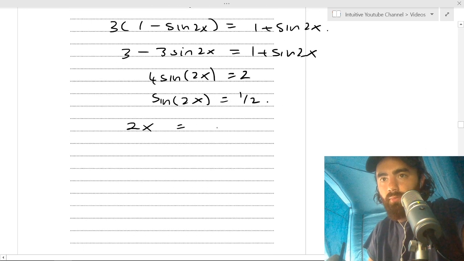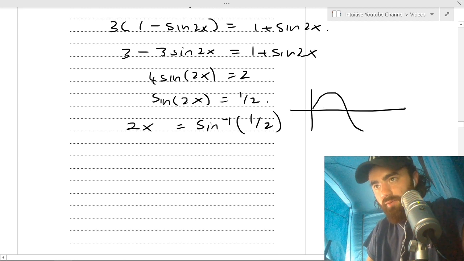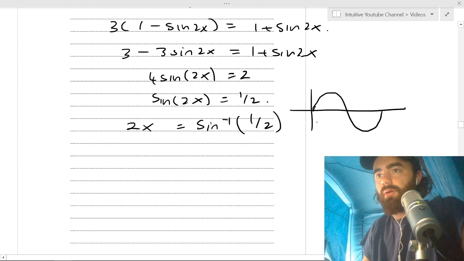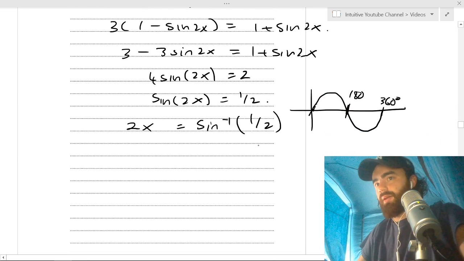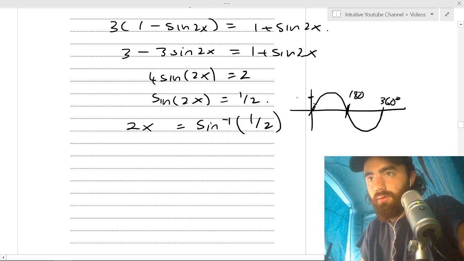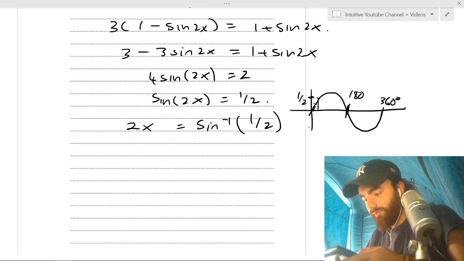So then, if we want to solve for x, we need to know what gives sine of a half. Well, let's look at our sine graph. Sine graph looks like this. This is pi, what we could say was 180, this is 360. It's looking for 0 to pi. So when sine is half, we're going to get a value which I think is 30 degrees, but I'll just double check. Yes, sine of 30 is a half.